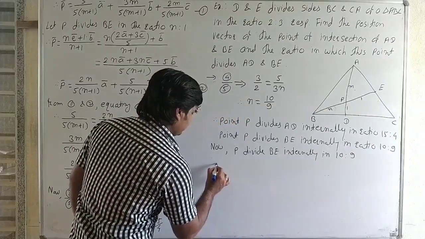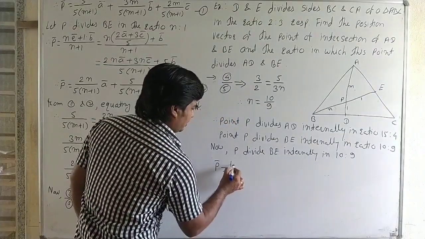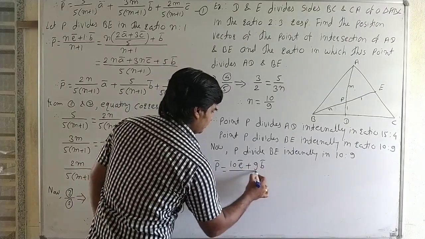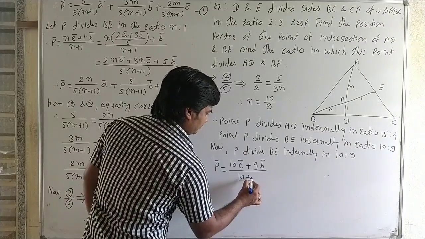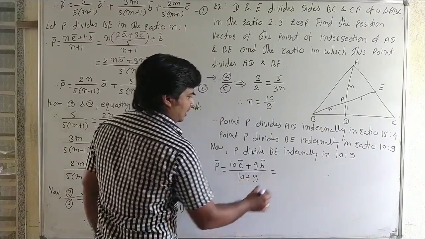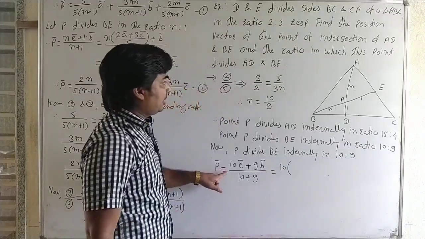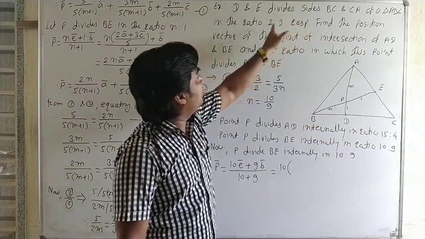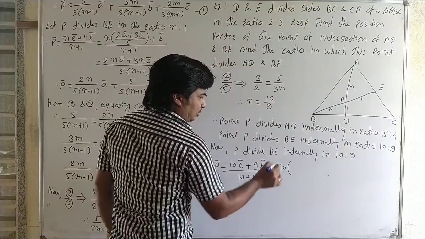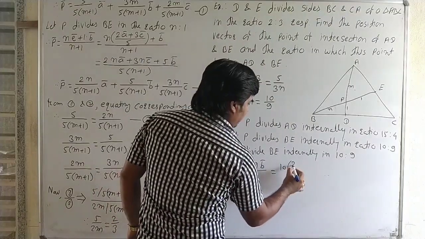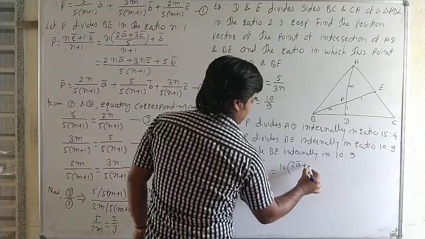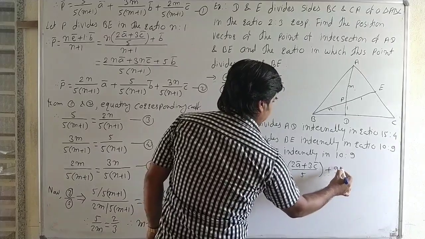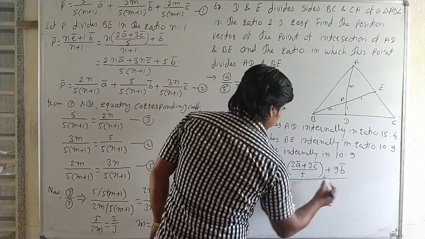Therefore, we can write P bar is equal to 10 into E bar plus 9 into B bar upon 10 plus 9. Here E divides CA internally in the ratio 2 is to 3. Therefore, E bar is equal to 2A bar plus 3C bar upon 5, plus 9 into B bar, the whole upon 19.